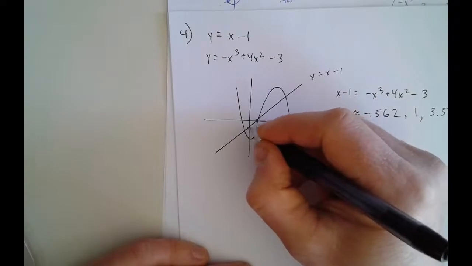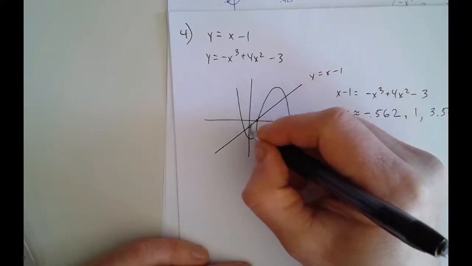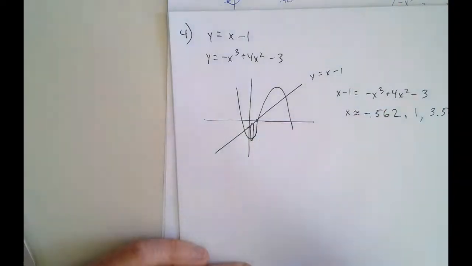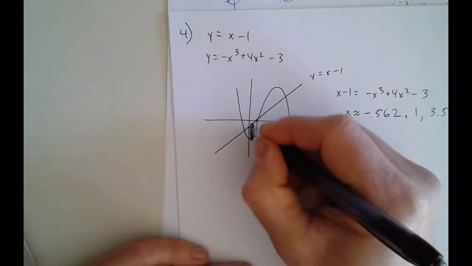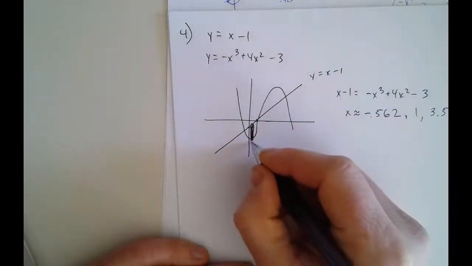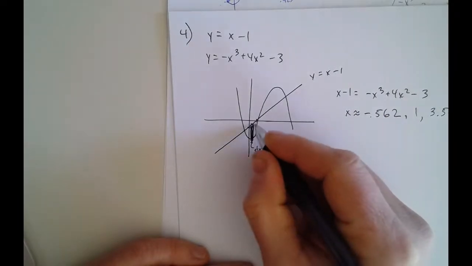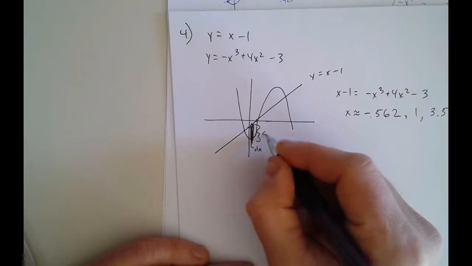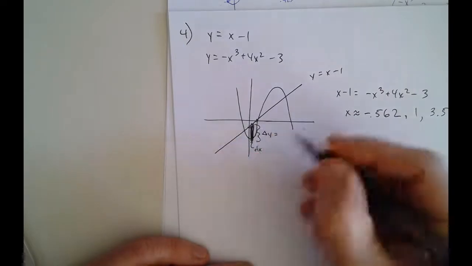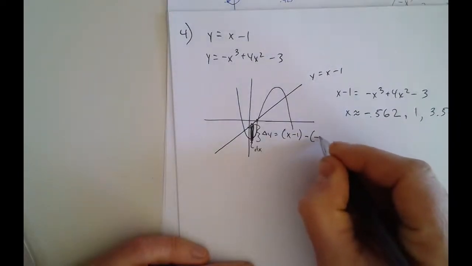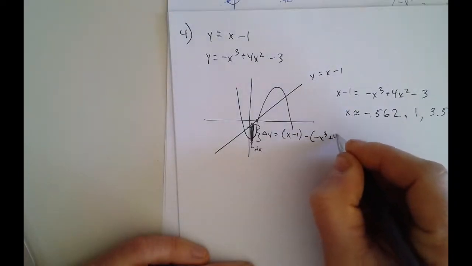So anyway, for each region, things are going to be a little different because you can see that it jumps over itself. So for this one, there's my sliver of a rectangle, and I'll shade it in for myself. You can see the thickness of it, the base of it, is dx, and then the height there is our change in y. Our top function there is the x minus 1, and the bottom function is this cubic function.